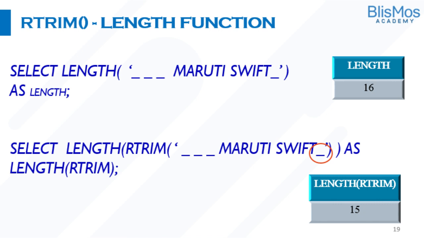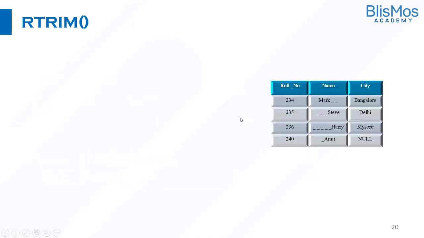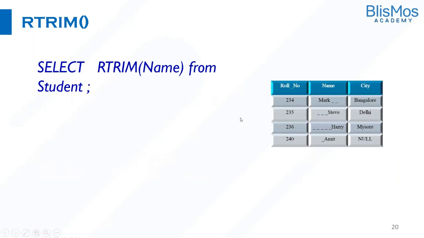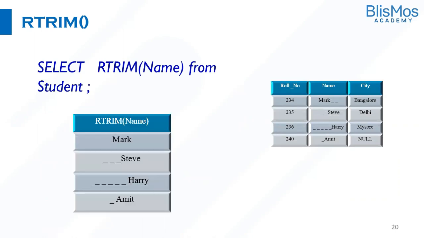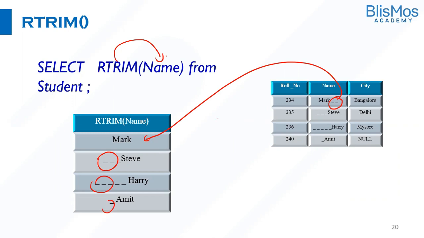Then we can also use the rtrim on a column name of a table. So in this case, I'm saying rtrim name wherever the spaces are on the right side, that will be removed, but on the left side they are intact because we are doing a rtrim. It will be removing only the spaces on the right side, that is trailing spaces.